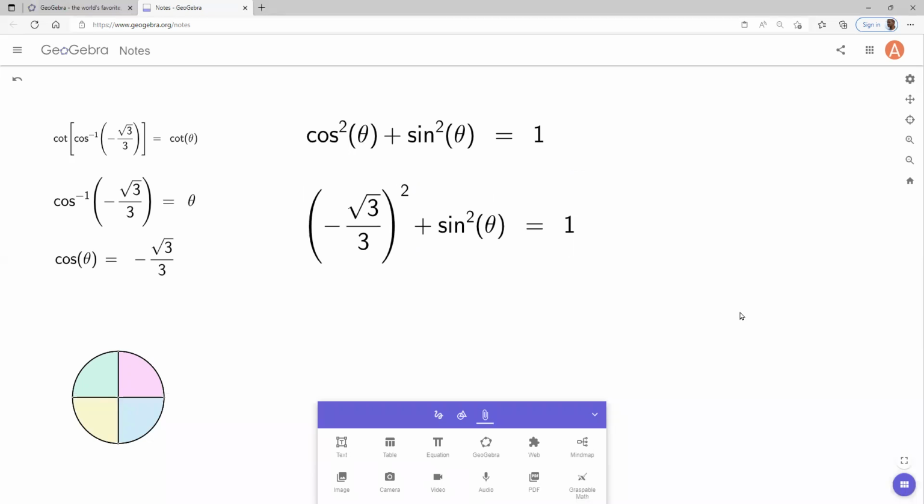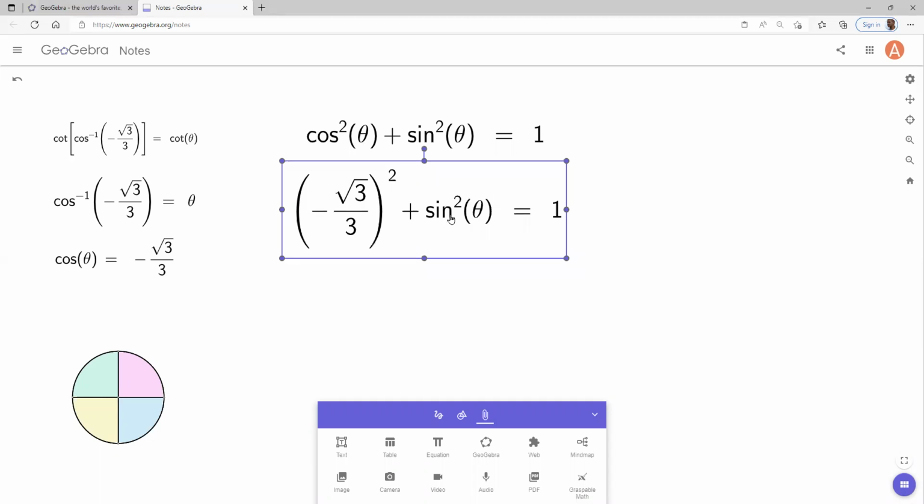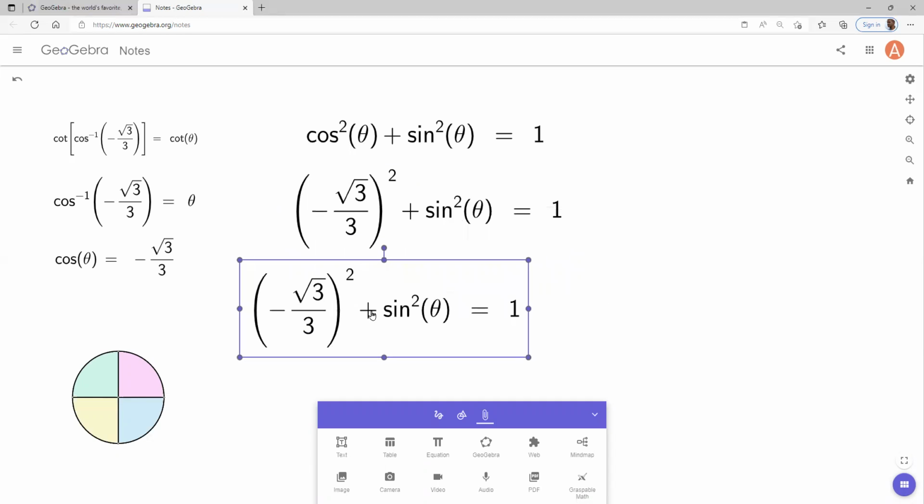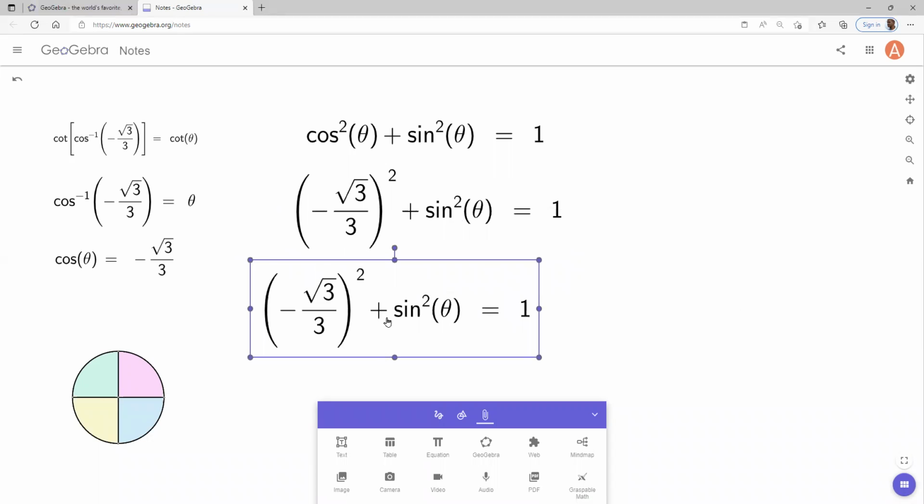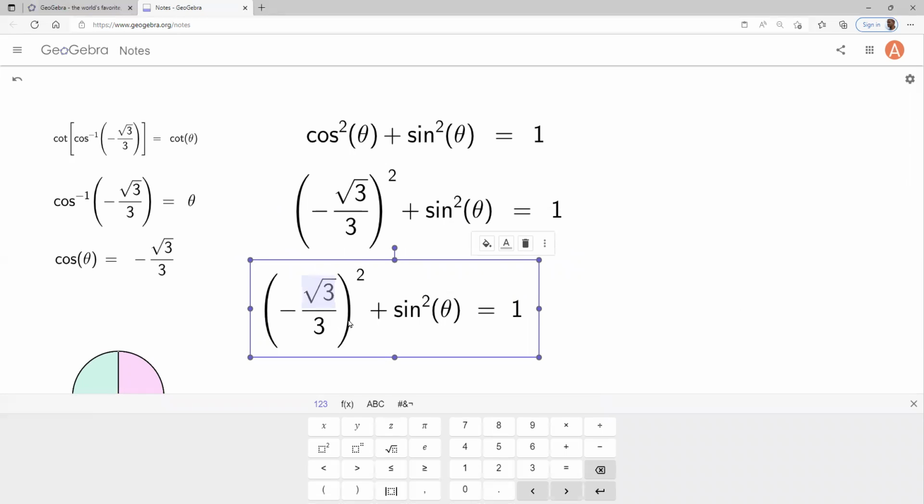So I replace cosine theta with negative square root of 3 over 3, and that turns out to be negative square root of 3 over 3, squared. Negative will become positive. When you square, the radical sign goes away. So here is what we get. Now I'm going to rewrite it as 1/3 because 3 divides 9.